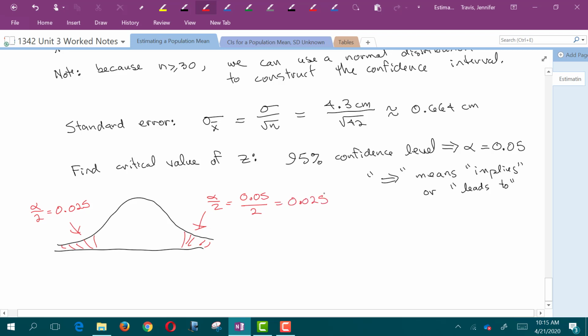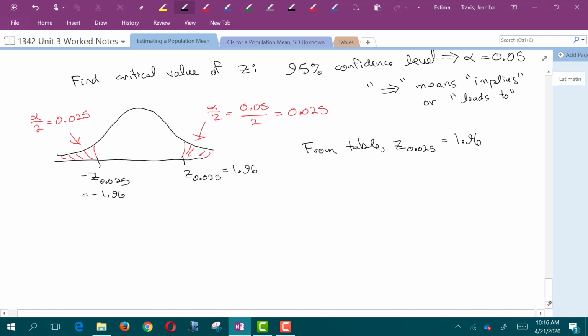Okay, and so then we use the same procedure that we did a moment ago. We figure out that this is 1.96, and therefore on this side, I'm going to put a negative sign because it's the negative of the other one. This is going to be negative 1.96. We got that from our table. I'm not going to show you again because we just did it.